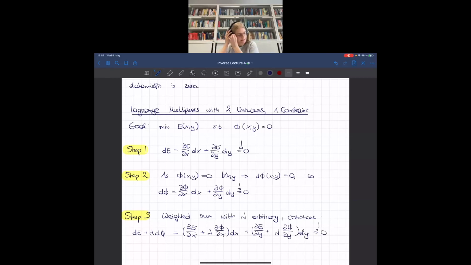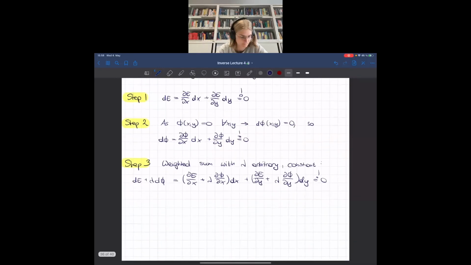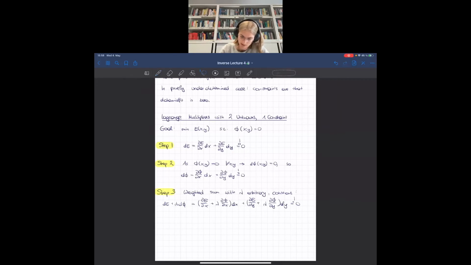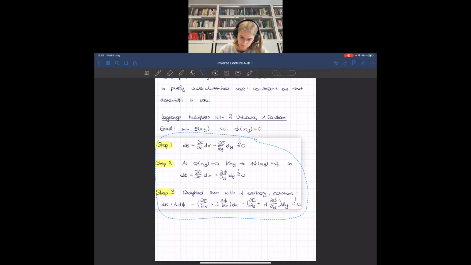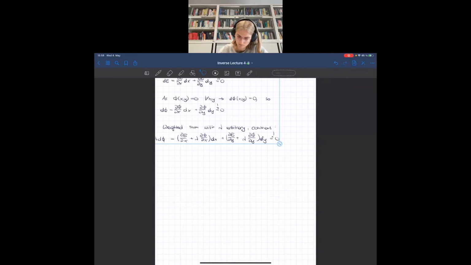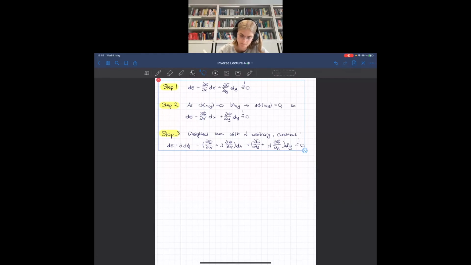And this needs to be 0 once again. Let's put this thing here on another page so that you can see it and I have enough room.